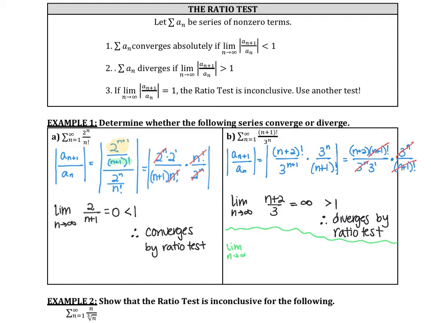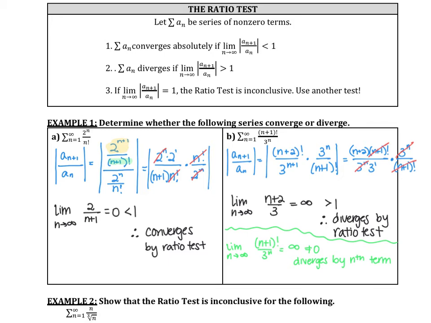So if I take the limit as n approaches infinity of n plus 1 over 3 to the n, I get infinity. Factorials dominate exponentials, and therefore this is not equal to 0, which is the rule for the nth term, so this diverges by the nth term. You do not need to say all of them. Just pick one that makes the most sense to you.